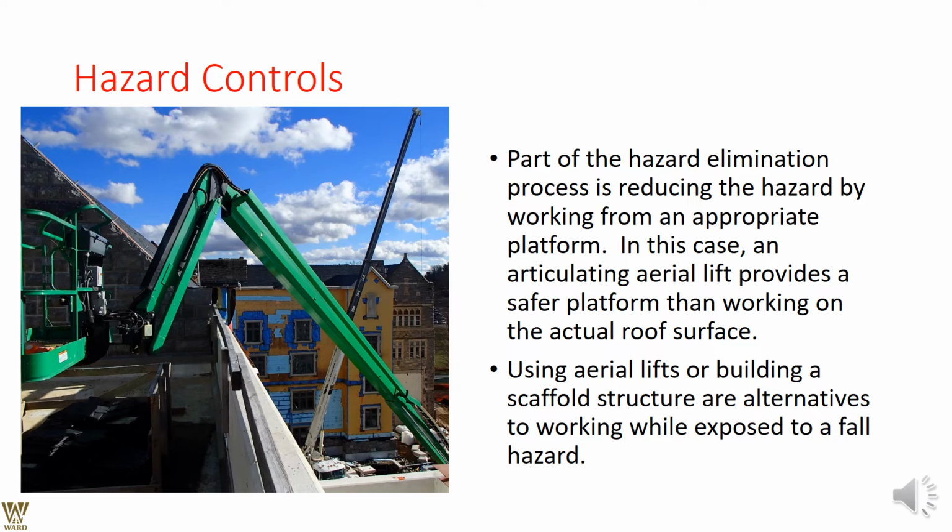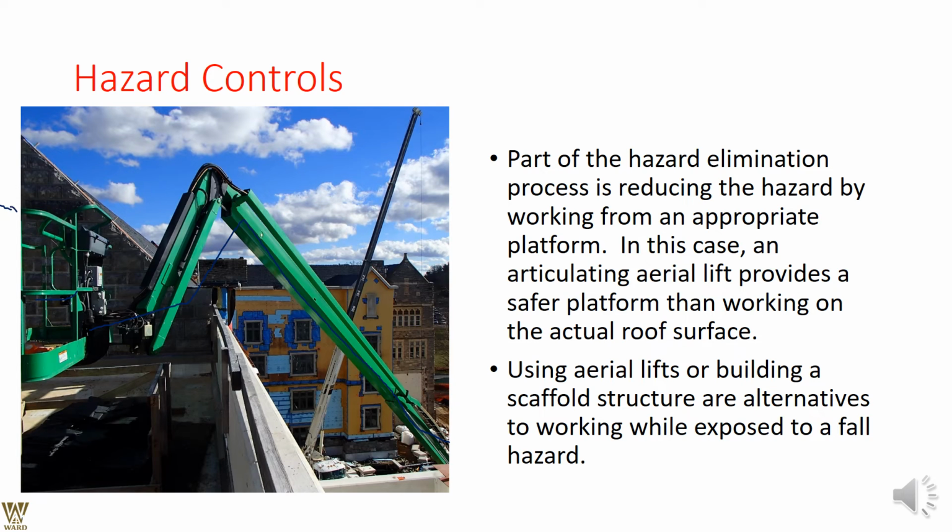We'll talk about the hazard control. Part of hazard elimination is reducing the hazard by working from an appropriate platform. Look at it: a person is working via a crane, and this is absolutely clear. He comes up to the top, and there is a crane that helps him and guards him. There are proper railing facilities here.